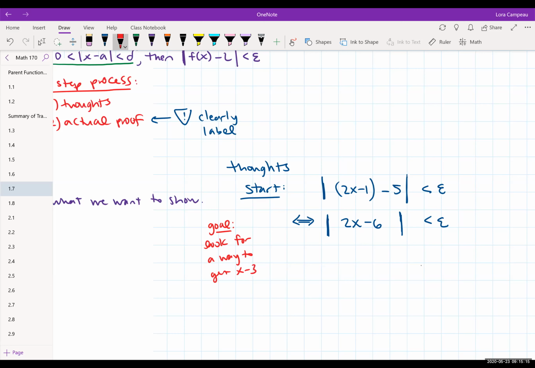And so a lot of times when you're looking within your absolute value, factoring tends to be the next role. So if we can do that, I can take the 2. I factor that out. That in fact becomes 2 times the quantity of x minus 3.